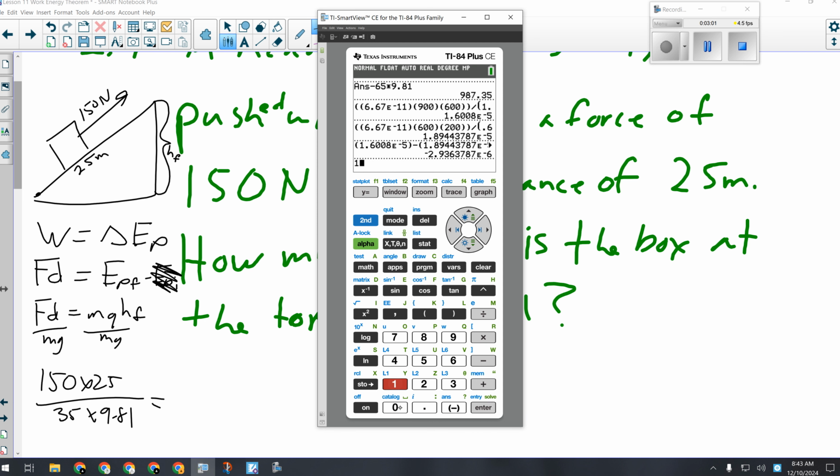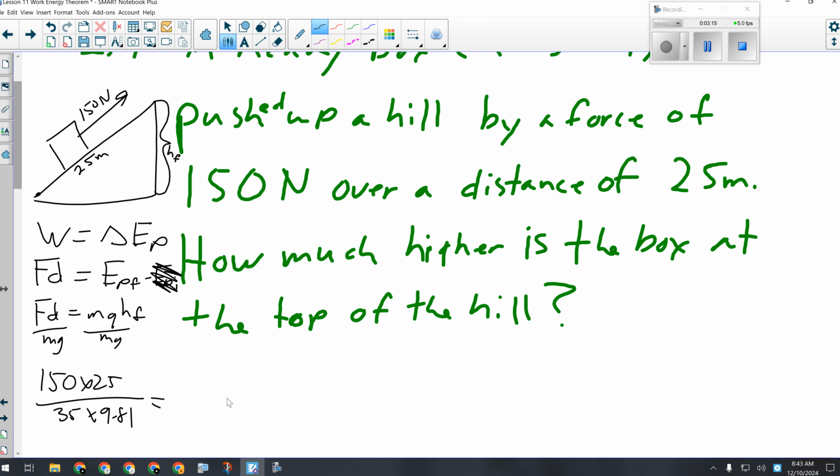So 150 times 25, divided by 35 times 9.81. All right, so we are looking at 10.92 meters as the final height. Everybody all right with that?